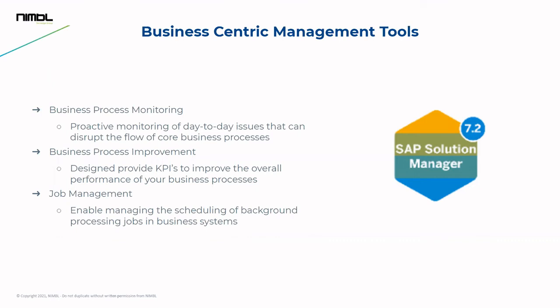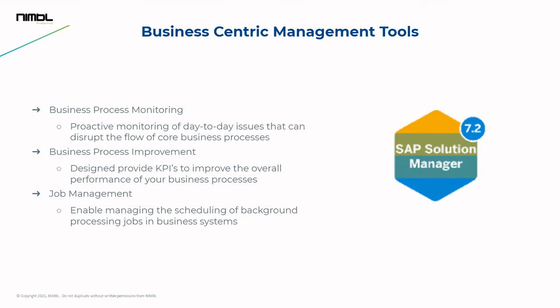But then you also have business process improvement. That tool is very new and completely redesigned. It's really about monitoring the business life cycles and applying your own KPIs against them. So if you have specific business goals to run your business better, right? There's a variety of different thoughts around that.